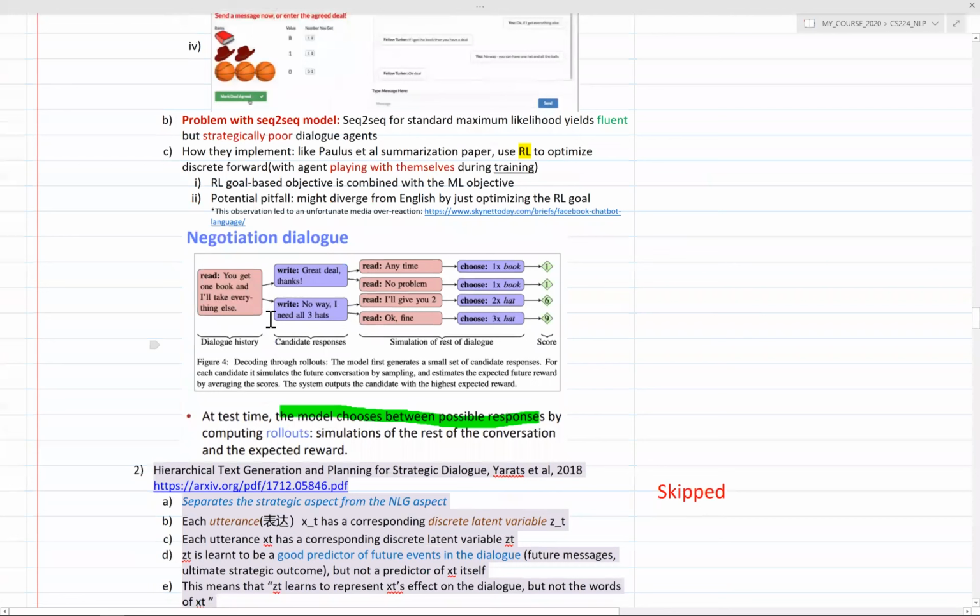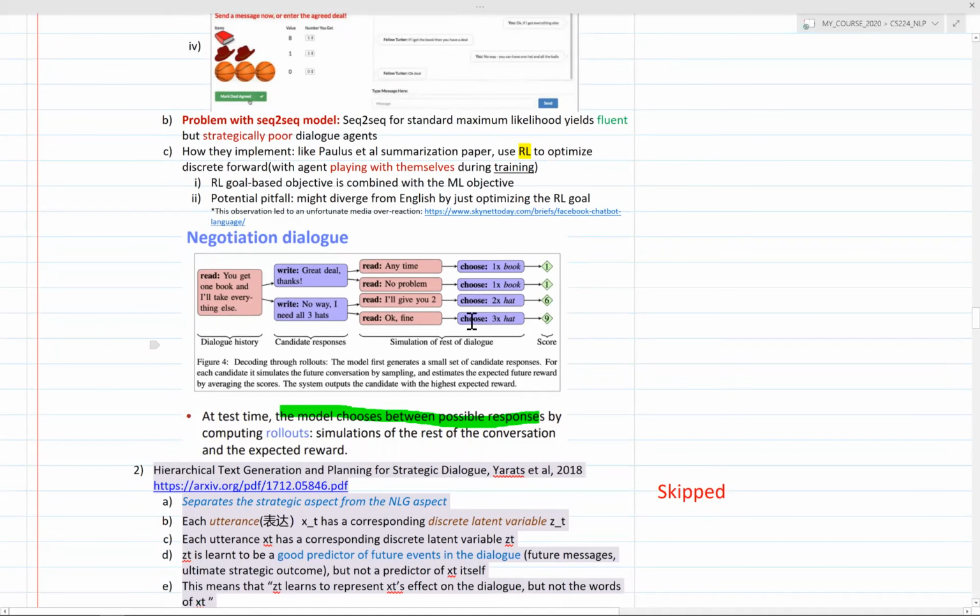This is how the negotiation dialogue would look. During the dialogue, it could answer the questions in both ways, and finally it will lead to a final score.